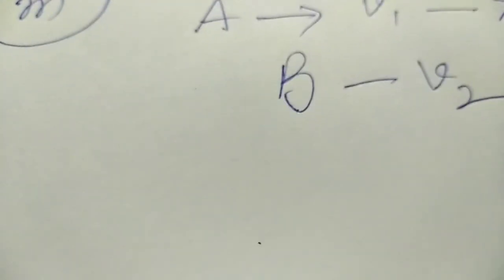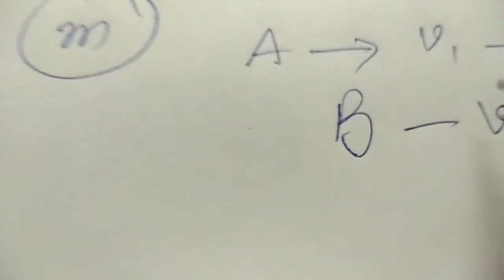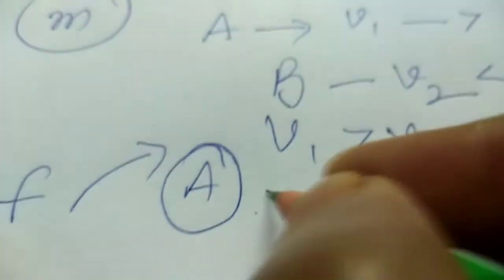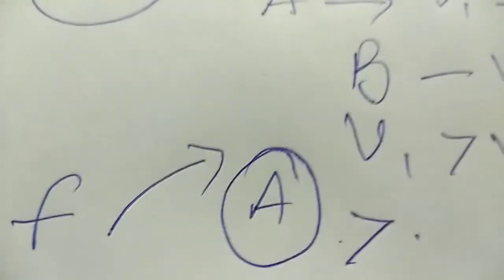So v2 is less than v1. Then the force applied to stop ball A will also be greater. That means force is also directly proportional to the velocity of the balls.